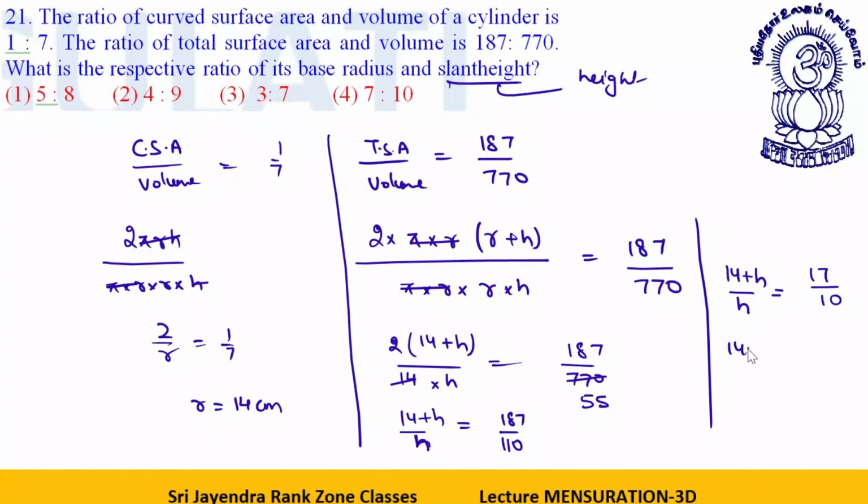This gives me 140 plus 10H is equal to 17H. 140 is equal to 7H, or H is equal to 20. What is the respective ratio of its base radius and slant height? Now you have to determine the ratio of R by H. R by H is 14 by 20, or 7 by 10.